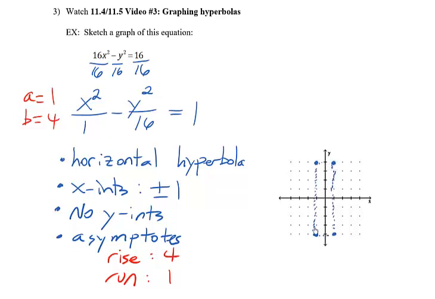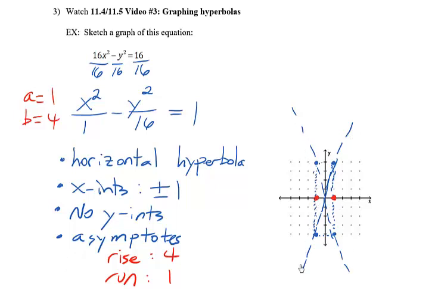And then the diagonals of the rectangle are the asymptotes. Looks like we're going to have some steep asymptotes this time. Okay, then I mark on my x-intercepts, positive 1 and negative 1. And then when you draw in the hyperbola, this is going to be kind of a tall hyperbola because the asymptotes are so steep.